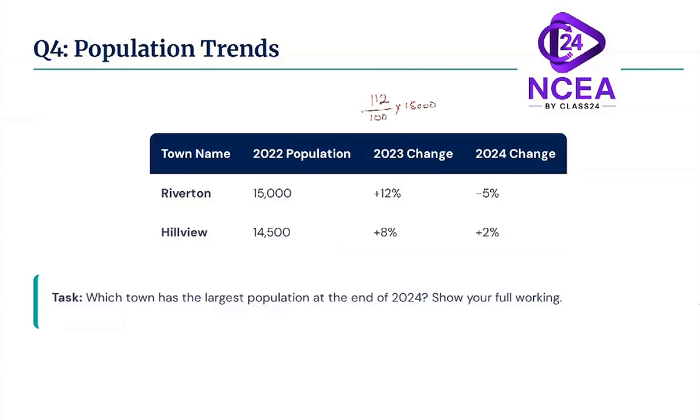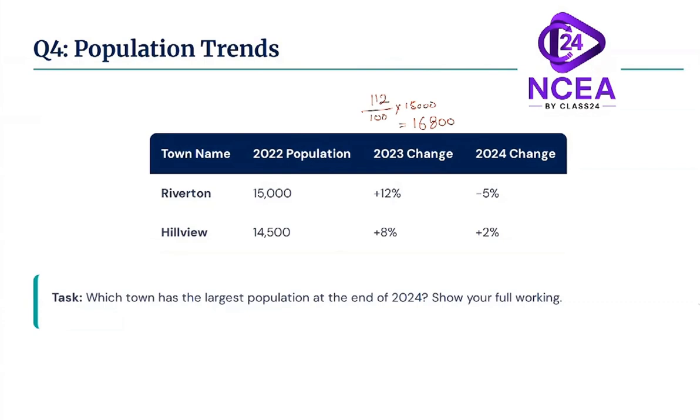When you multiply 112 by 150, the population is 16,800. This is the population at 2023.